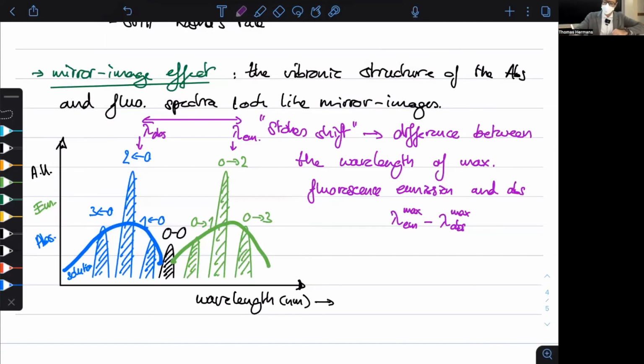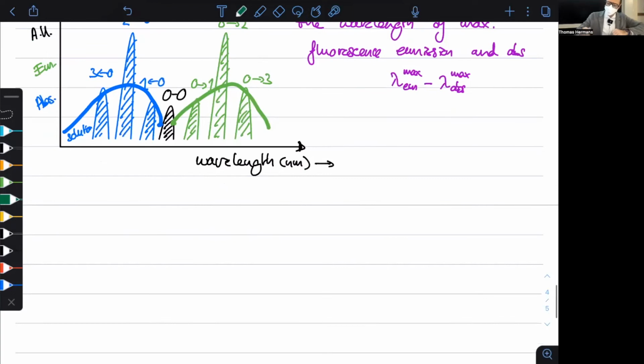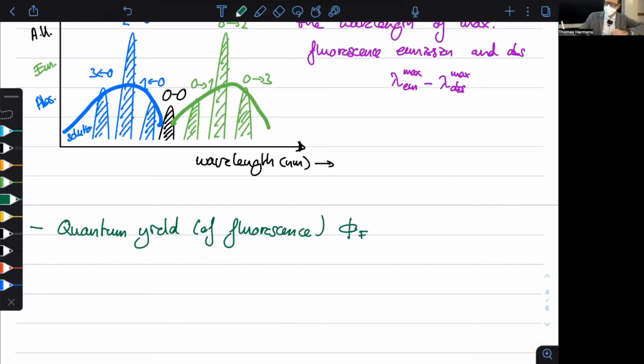Okay, let's get through some other concepts. There's a very important concept. It's called quantum yield of fluorescence, which is theta f.